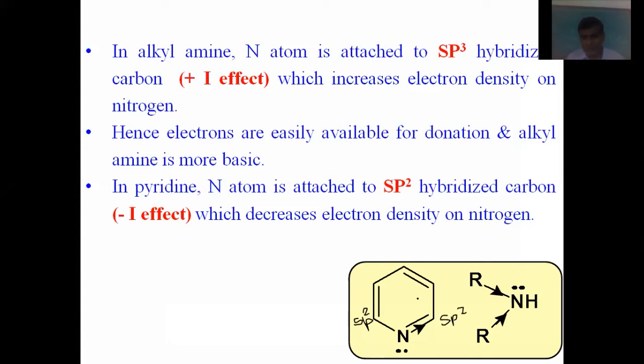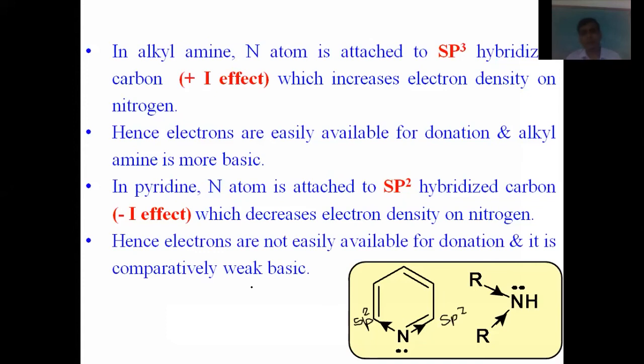Then if electron density decreases on the nitrogen, the availability of the lone pair of electrons on the nitrogen for donation decreases. Hence electrons are not easily available for donation. Hence it is comparatively weaker base than aliphatic amine.